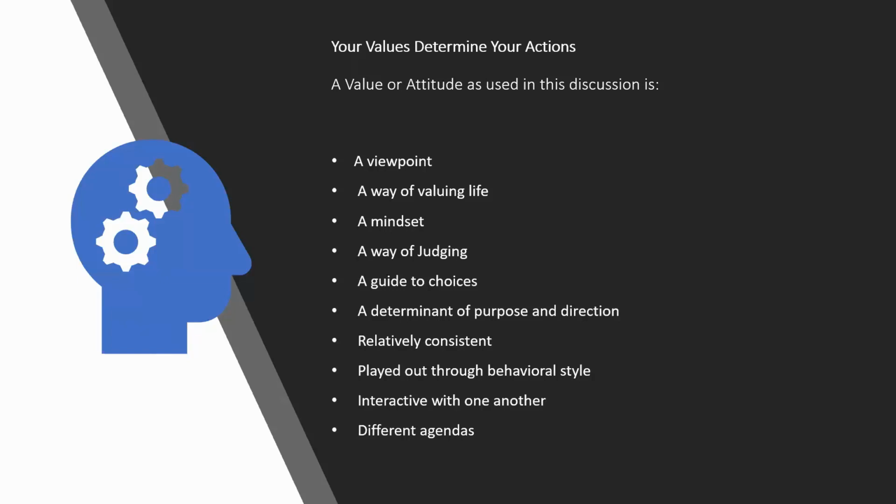So, once we're adults, these values are instilled upon us. They don't typically change. They're relatively consistent. They determine our purpose and direction, and they play out through our behaviors and our activities.